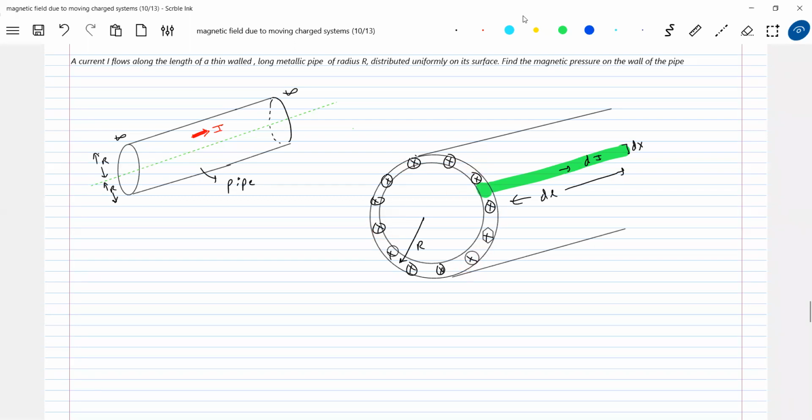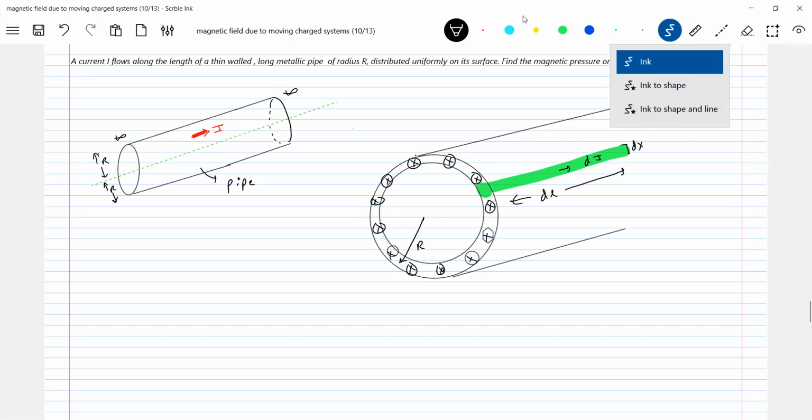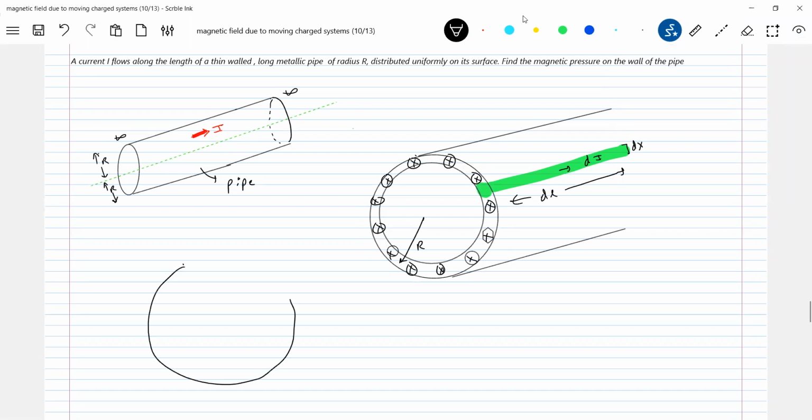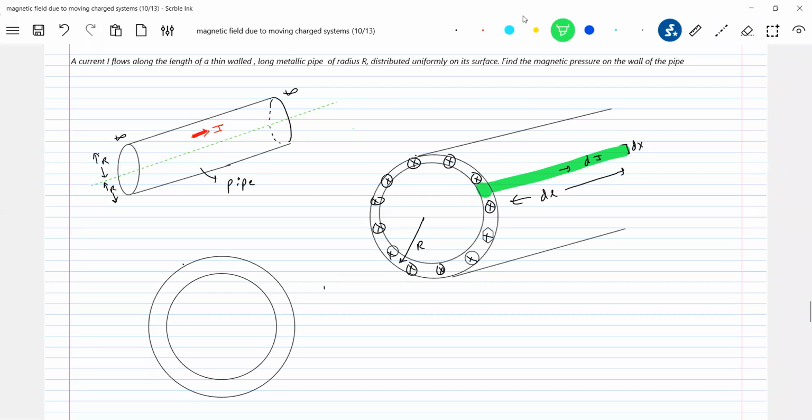So if I assume elements, I'm asking you to assume an element here.